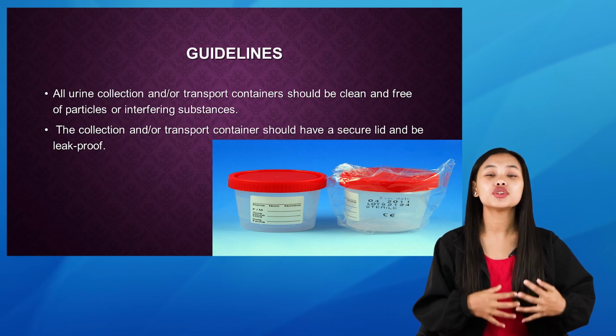It will reduce the risk of the healthcare worker coming in contact with the specimen, and as I've repeatedly been saying, it is very important that this specimen must be free from any microorganism. A secure, leak-proof lid will also prevent contamination of the specimen.